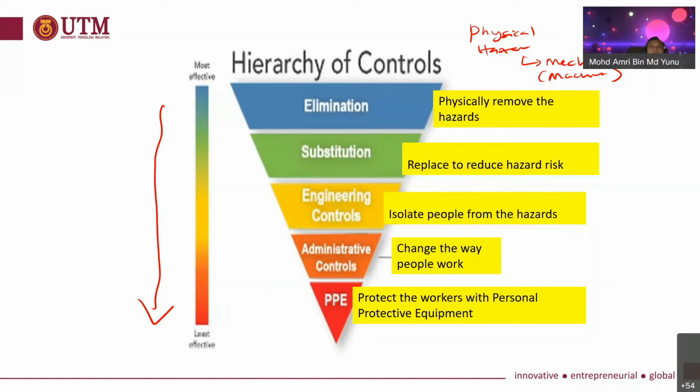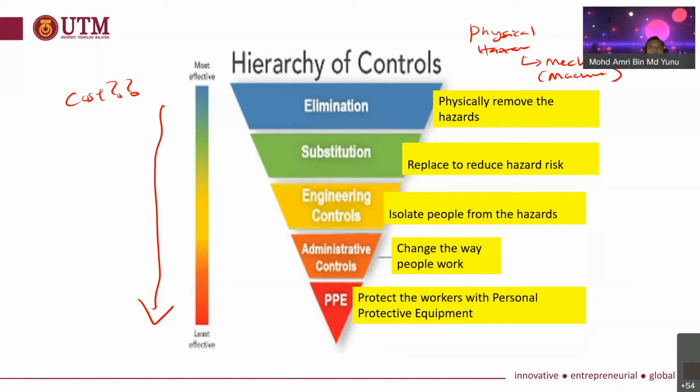But the issue is that when we use elimination, we have to think about cost. If we outsource, does the cost reduce? If yes, then you can go for elimination or substitution.